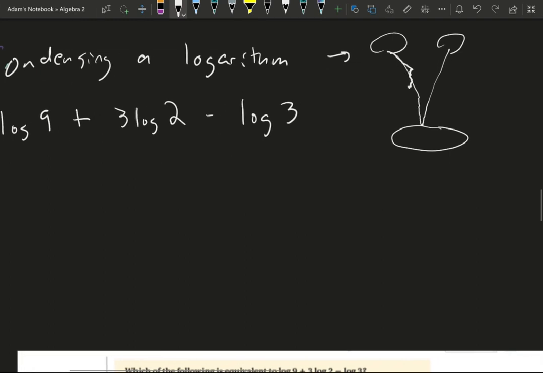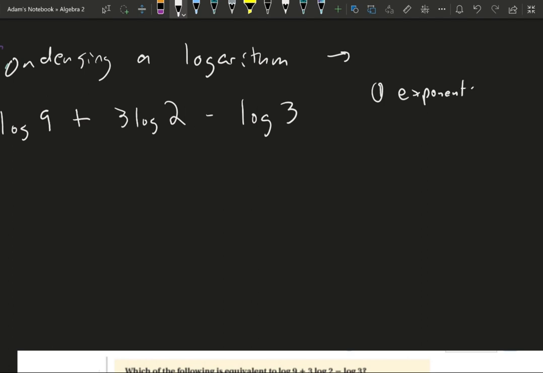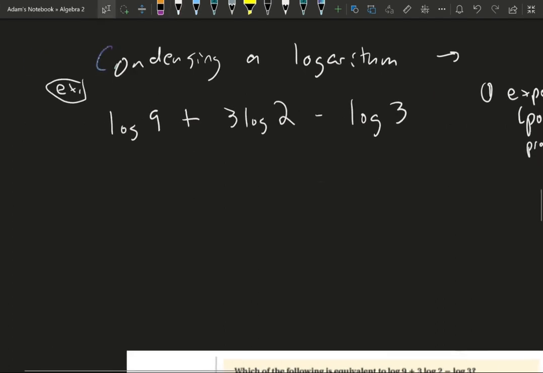Okay, so my first step right here is I want to first take care of the exponents, all right? And that means the power. We're going to use what we said was the power property. So right here, log of 9, no power property there. 3 log of 2, yes indeed.